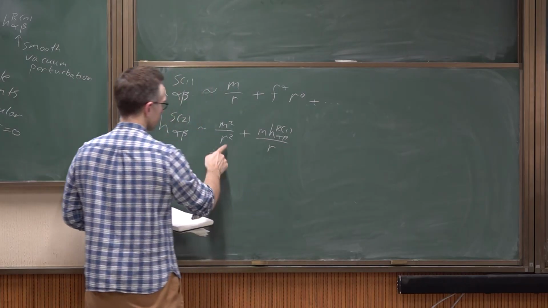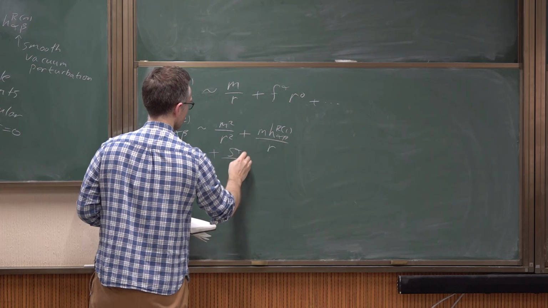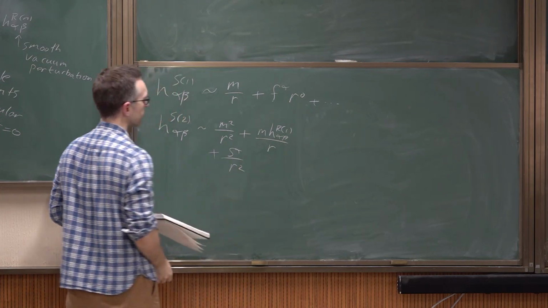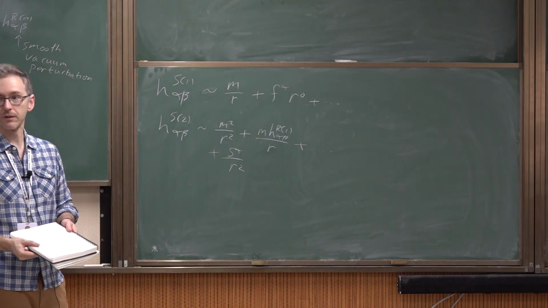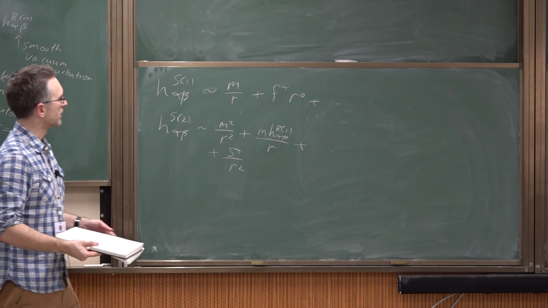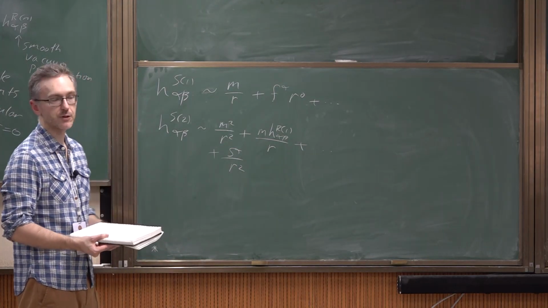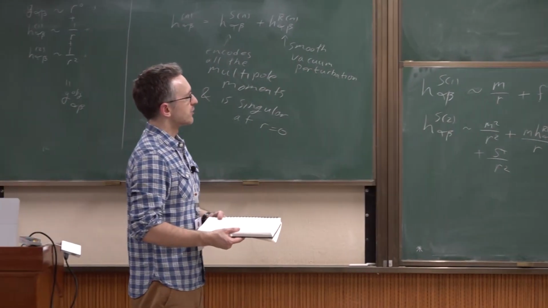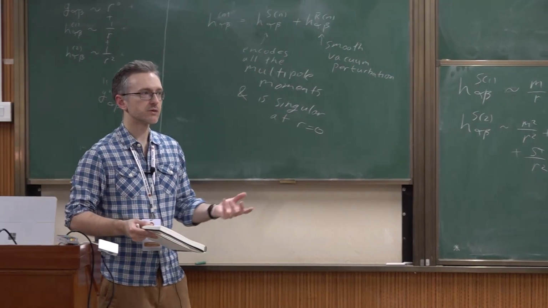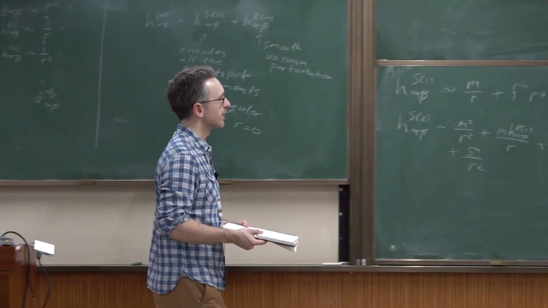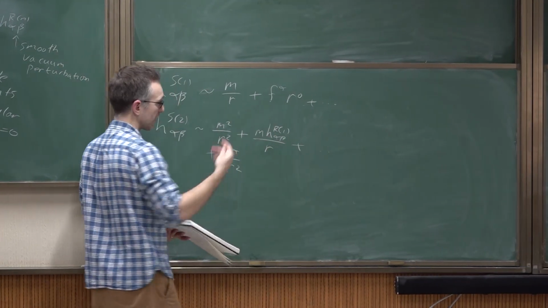And actually still back at 1 over r squared order, we have the spin of the object, 1 over r squared, and so on to higher order in small r. So here you see the first dipole term appearing, you'll have quadrupole at third order, etc. So as you go to higher and higher order in the external perturbation theory, you see more and more structure of your small object, and you get more and more singularity, and you get more and more nonlinearity, obviously.